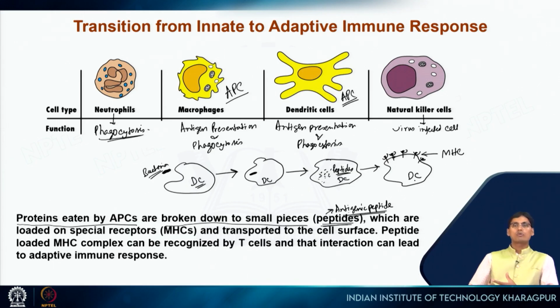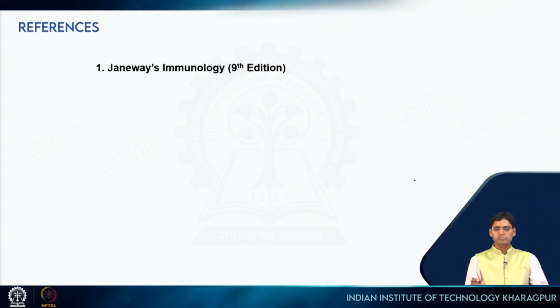This weapon is particularly, I would say, antibody. I will be discussing that in some other lecture. But anyway, these are the steps of how the transition from innate to adaptive immune response happens. Okay, so that's all. During the next lecture, I will be discussing our adaptive immune response.